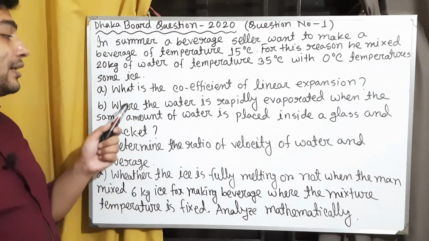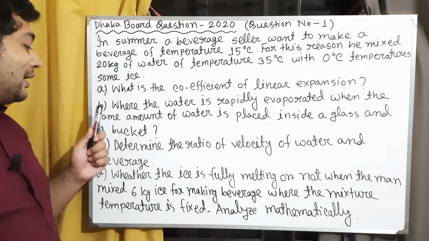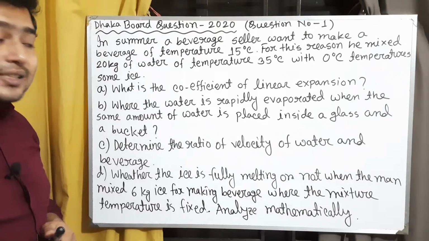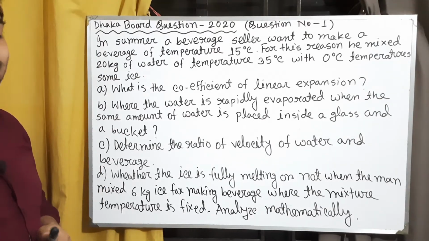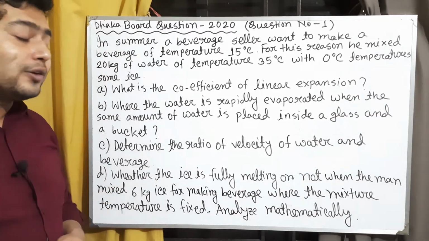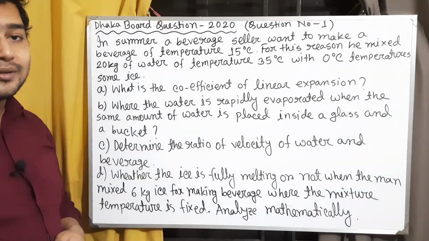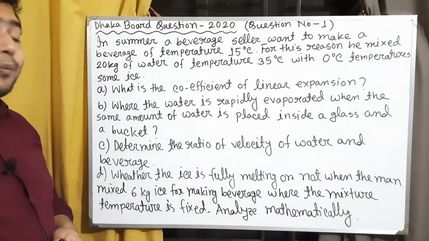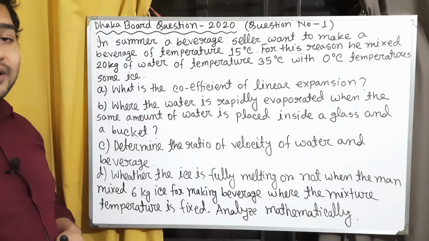Question number C: determine the ratio of velocity of water and beverage.